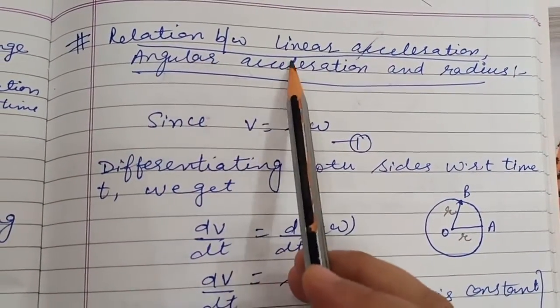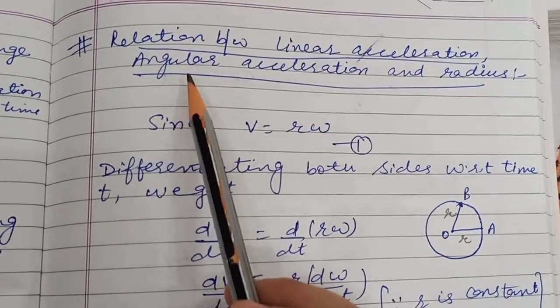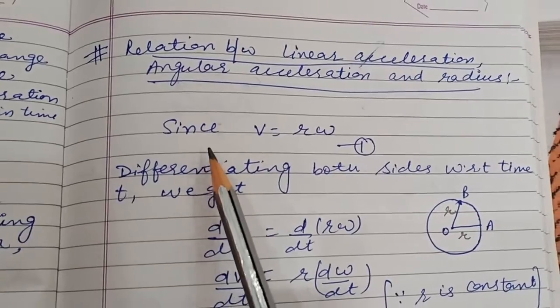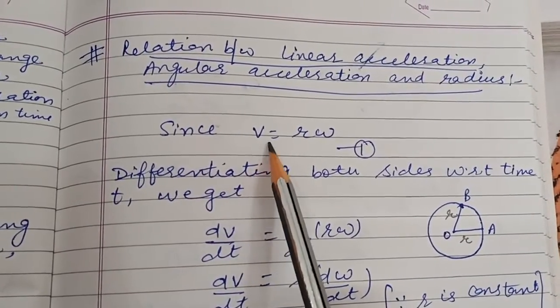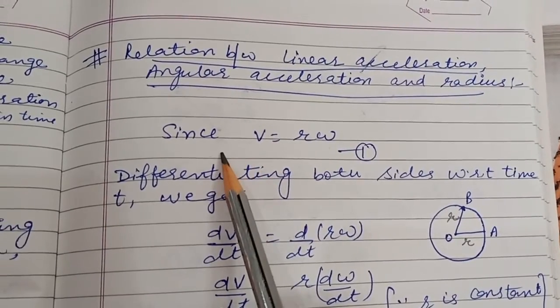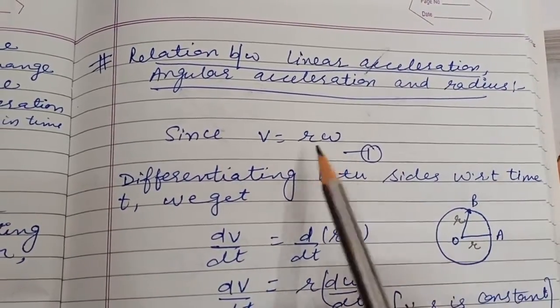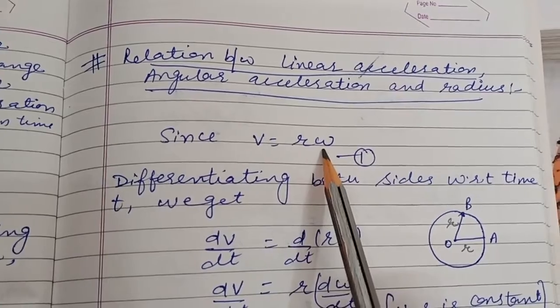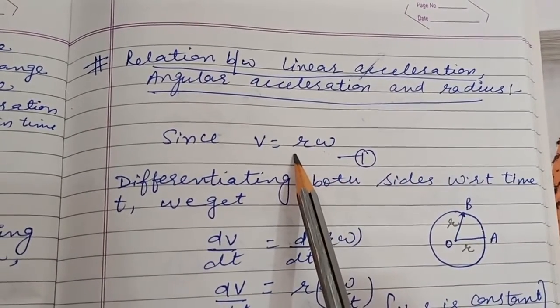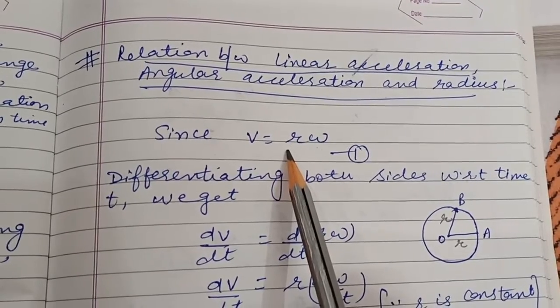Next is relation between linear acceleration, angular acceleration and radius. Since v is equal to r omega, here v represents the linear velocity, omega represents the angular velocity, and r represents the radius. Clear?